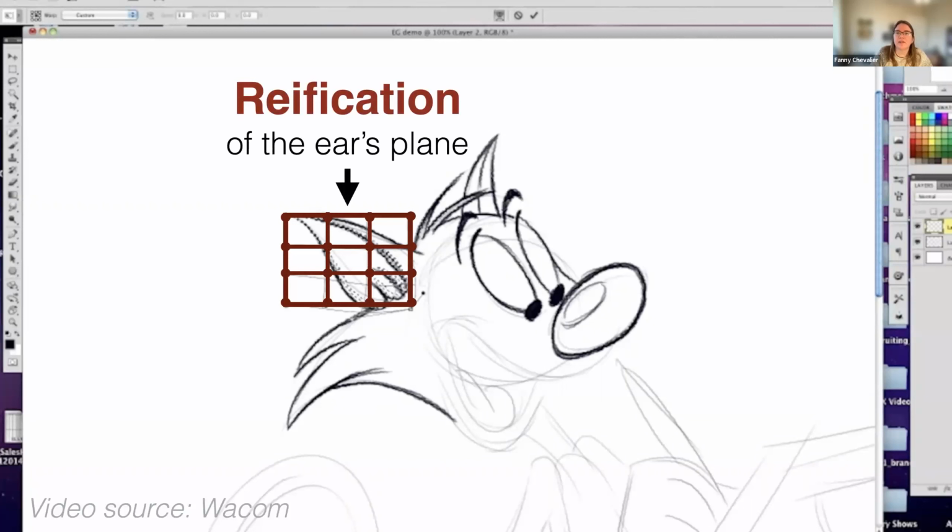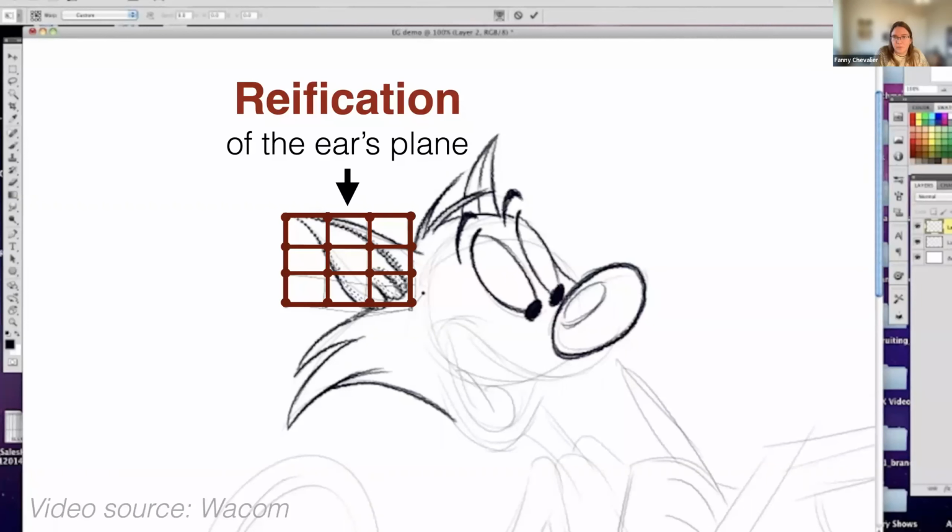So we reify the concept of a stretchable canvas in this instance, and we make it visible through the means of this grid, and we make it interactable. So we use it for input. When you grab this handle and you stretch, it's like having drawn on a t-shirt, and then you stretch the t-shirt, right? So that's really making this concept visible and interactable.